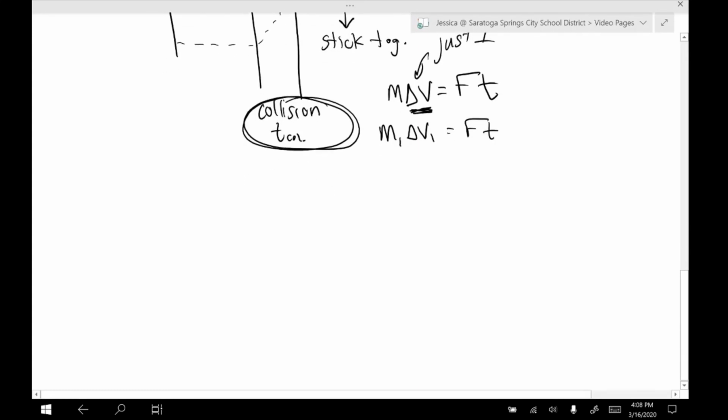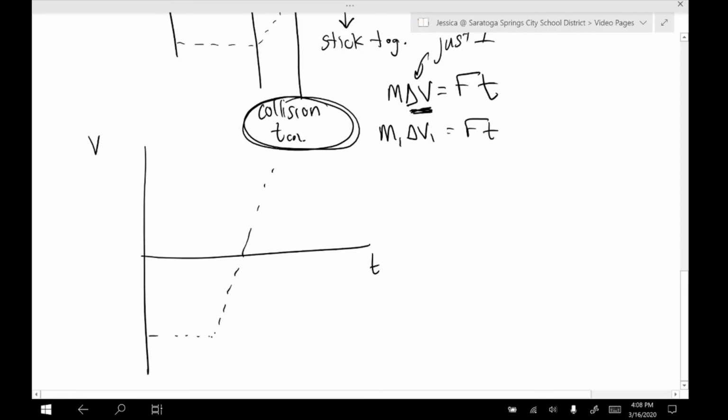What you might also be asked to do, so again, velocity versus time graph, is you might have a graph that looks like this. And you might be asked, is momentum conserved?